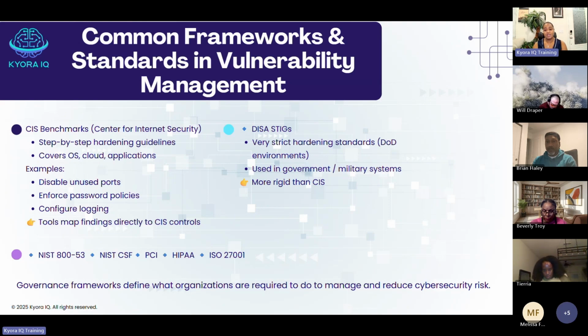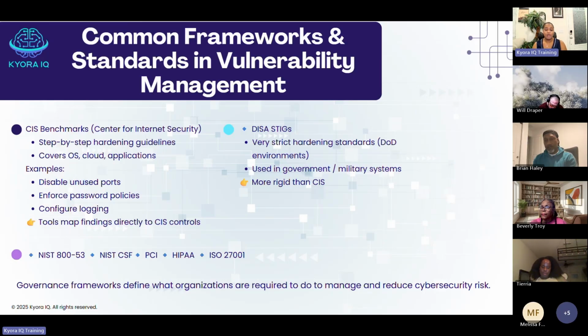And then your DISA-STIGs, this is more DoD. I have no military background, so I don't go too much into this, but DISA-STIGs are very strict hardening standards according to the DoD. You will also have those if you work in a military or government type environment.